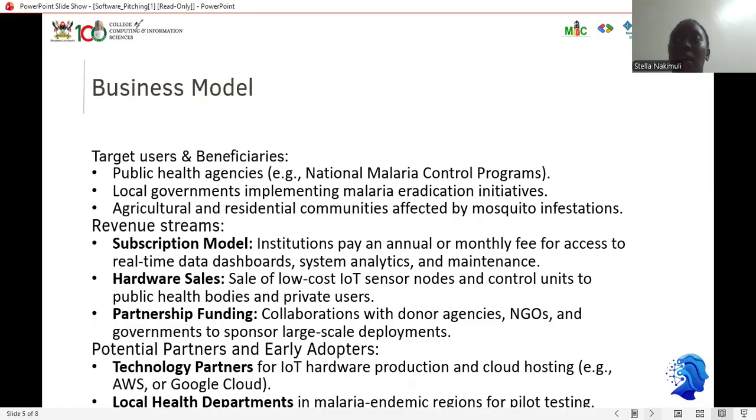Looking at the revenue streams, we have a subscription model, whereby institutions pay for these services, and then we have the hardware sale of low-cost IoT sensor nodes and control units. That's how our system will be operating as a business.